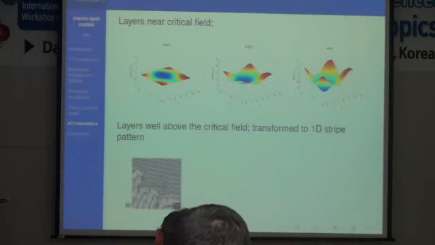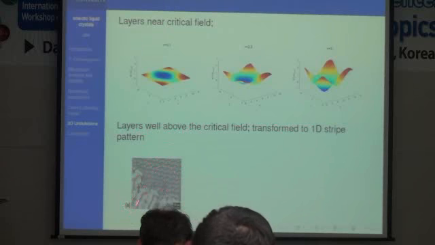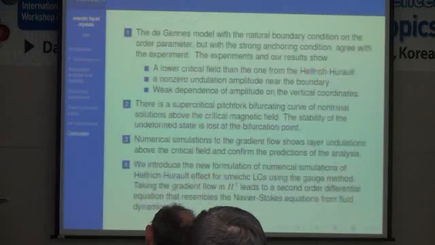And what we see is after we're above the critical field, this 2D square lattice just transforms to the 1D stripe pattern, and that's what we had in the natural boundary conditions. So in one direction you do not have any undulations, and in the other direction you have these strong undulations.